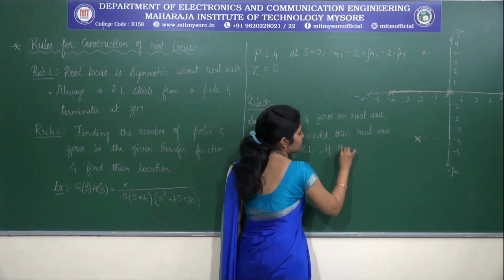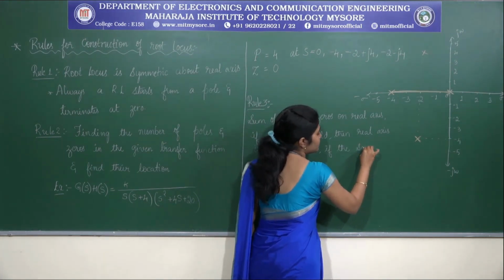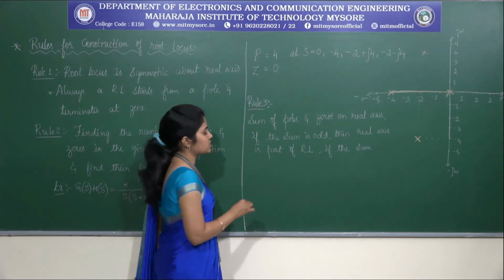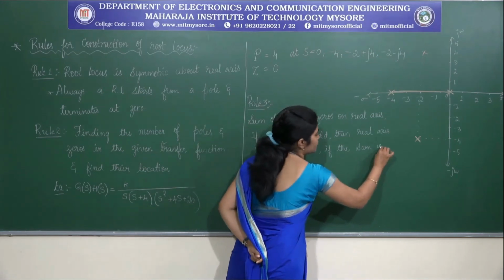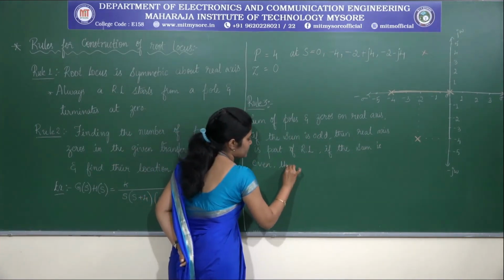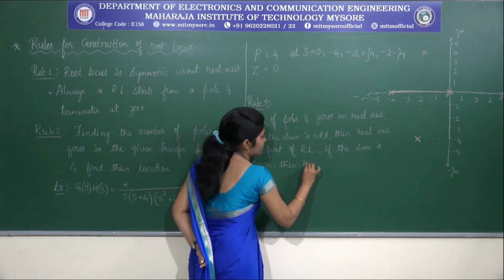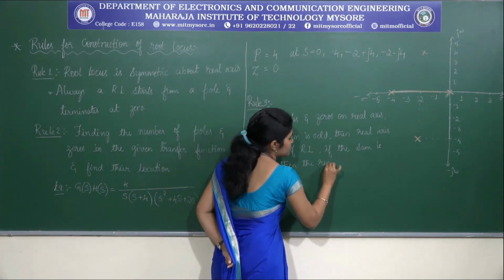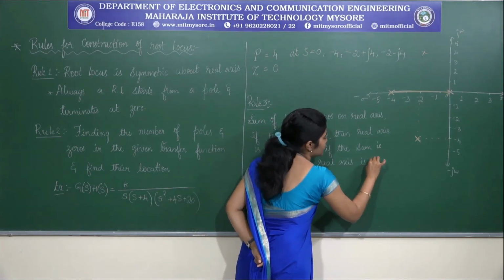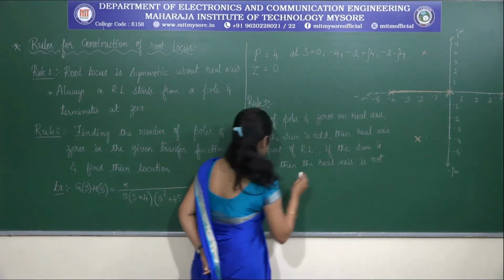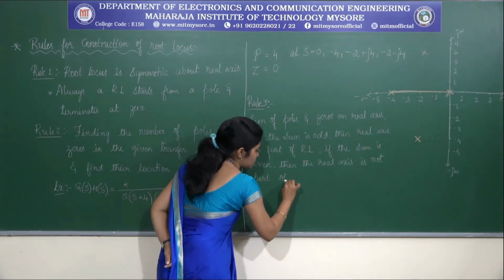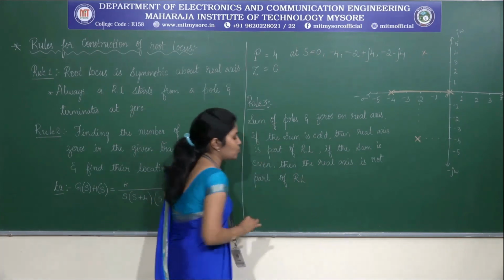If the sum is even, that is, the sum of poles and zeros located on the real axis is even, then the real axis is not part of root locus. Okay. So this is rule number 3.